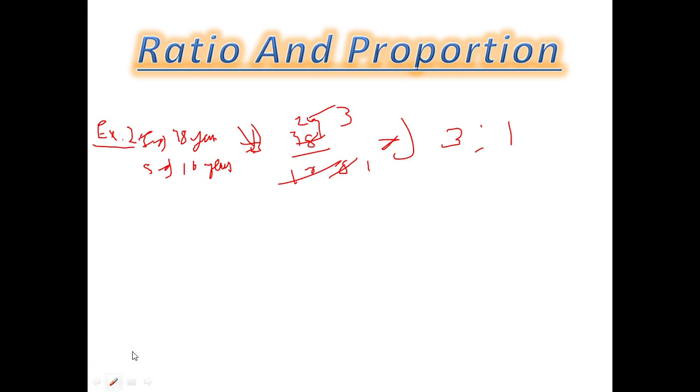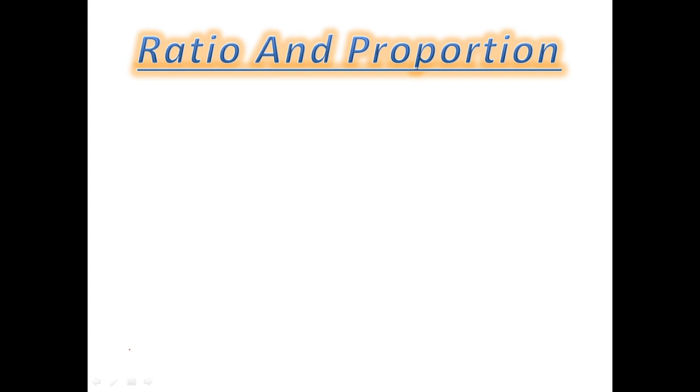In ratio, the next topic is equivalent ratio. The first line says that if you are driving a car at the same speed of 50 km per hour, then in 2 hours you will drive 100 km.